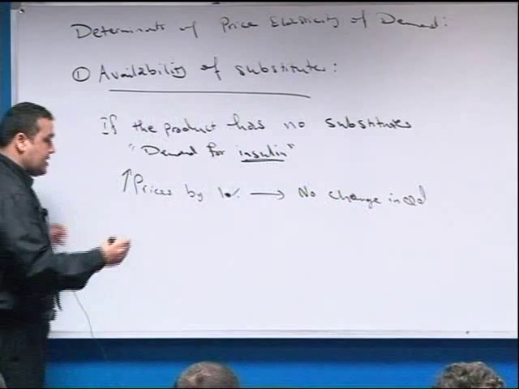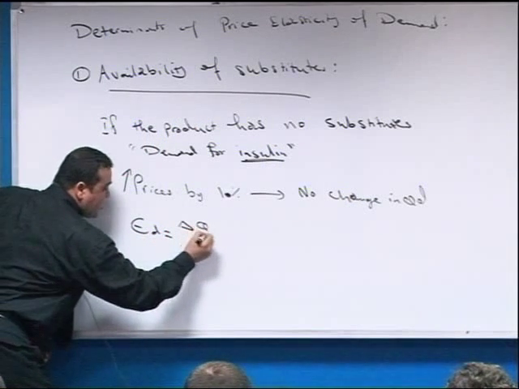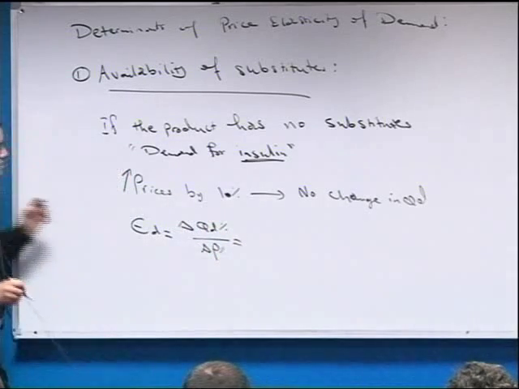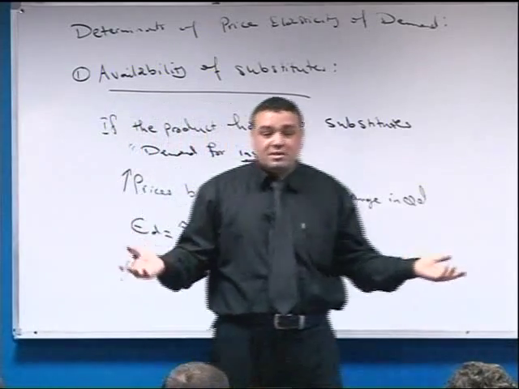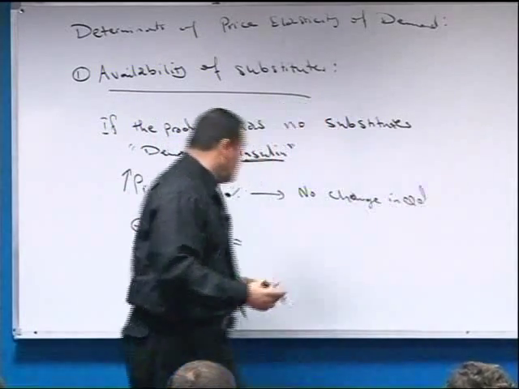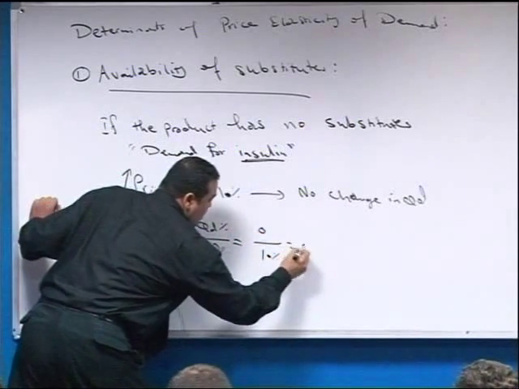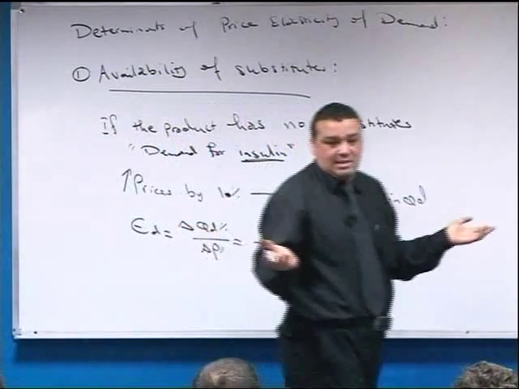As you know, the price elasticity of demand equals delta QD percent over delta P percent. There is no reduction in the quantity demanded if the price goes up, so 0 over 10% equals 0. In this case, the demand is perfectly inelastic.